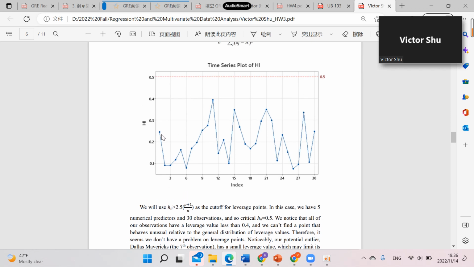So if all the leverages are less than 0.5, then it means my data does not contain a leverage point, which coincides with the result that Minitab gives me. Remember, Minitab just gave me the 7th observation and 27th observation as outliers, and there's no leverage point. So basically here, I agree with Minitab.